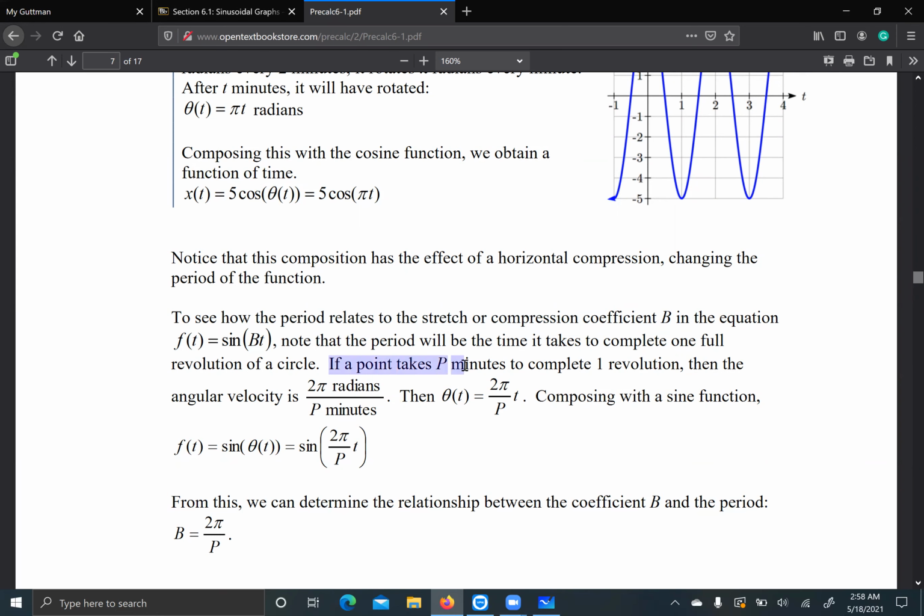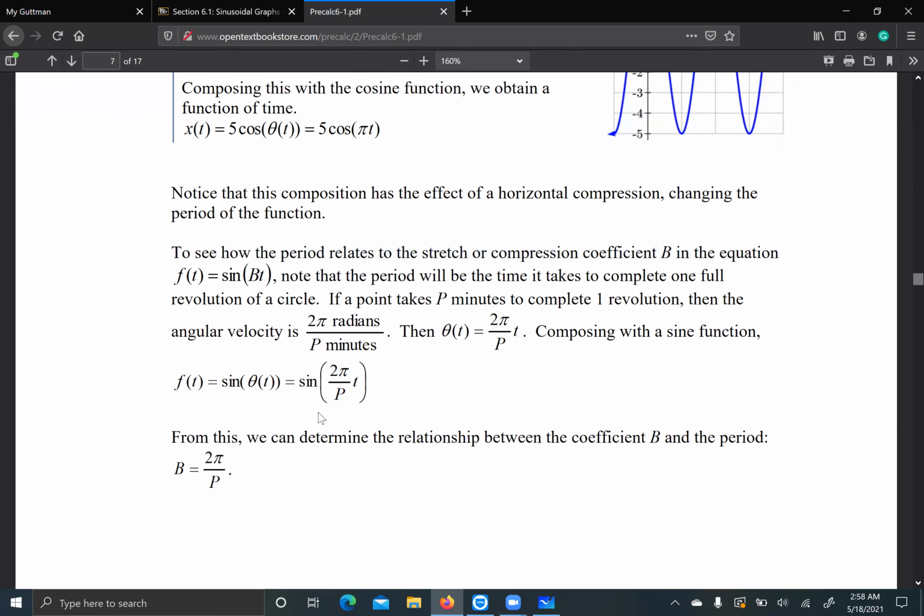It says if a point takes P minutes to complete one rotation, then the multiplier is 2 pi, because one complete rotation is 2 pi, divided by the time it takes to complete it. P is the time that it takes to complete this rotation. So in this way, this multiplier is the multiplier for time.